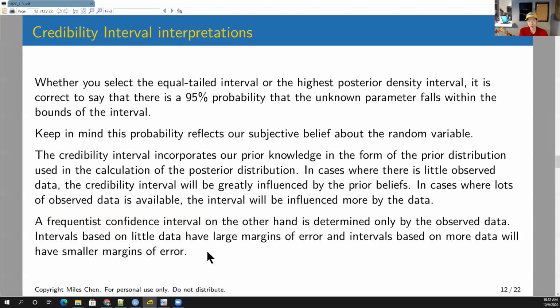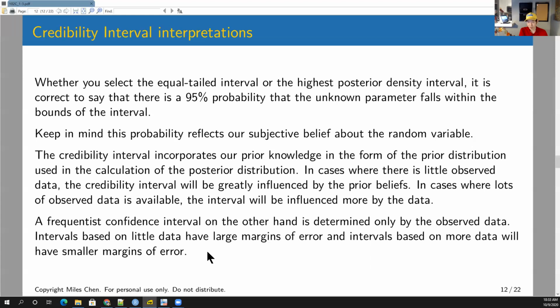And as you gather more and more data, those margins of error shrink. But again, the confidence interval is based entirely on the data, and you're not factoring in any kind of prior knowledge, okay?